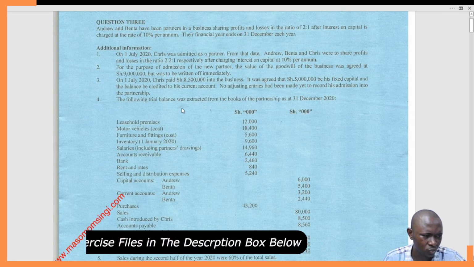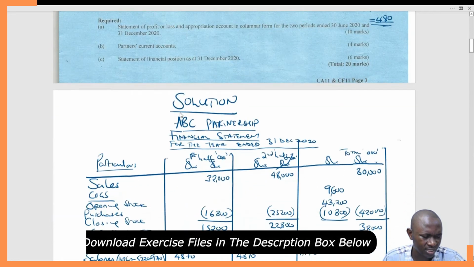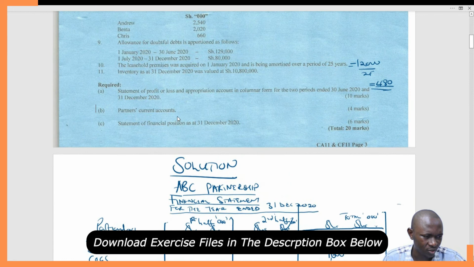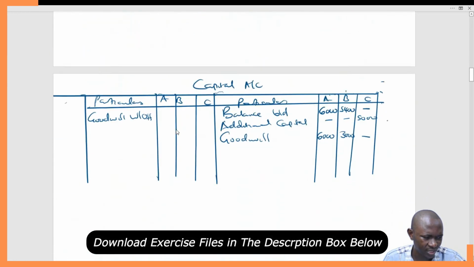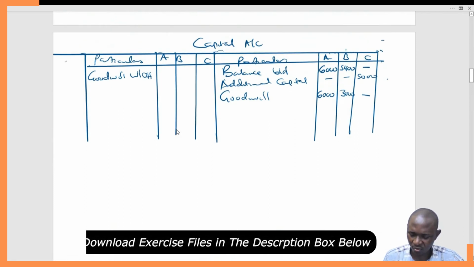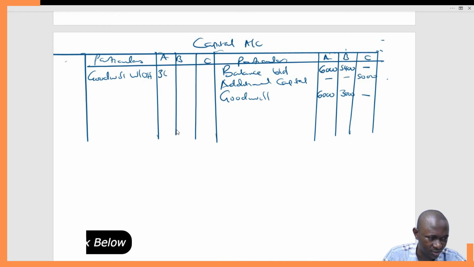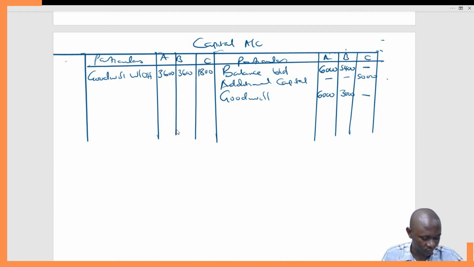So 2:2:1, this is 2/5, 2/5, and 1/5. So what is 2/5 of 9,000? I think it's 3,600. Work it out. 2/5 of 9,000 is 3,600. So this one 3,600, this one also 3,600, this 1/5 is their profit loss sharing ratio of the 9,000. We are writing it off now, and it will be 1,800.